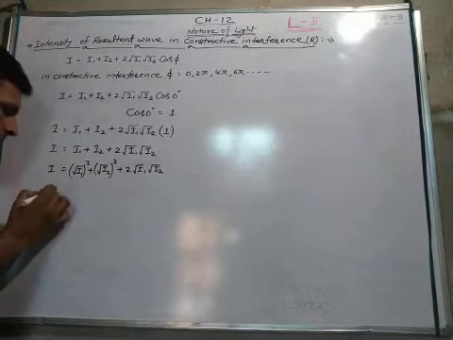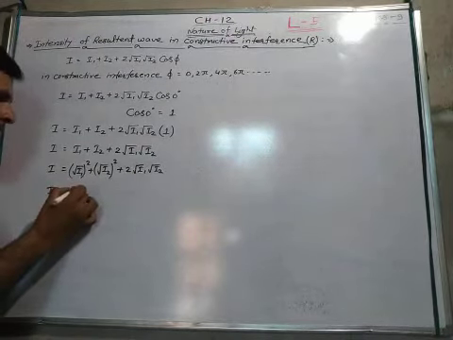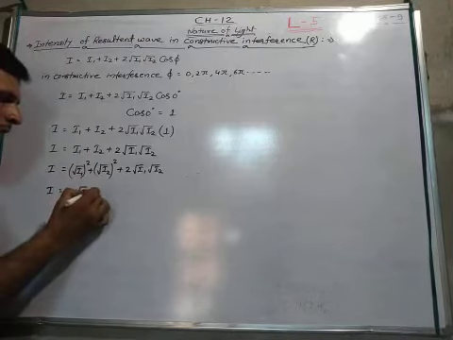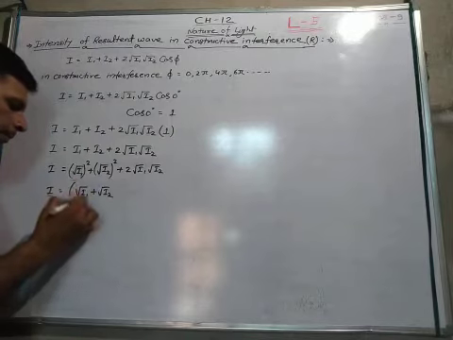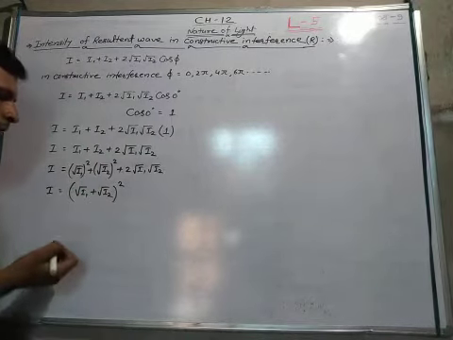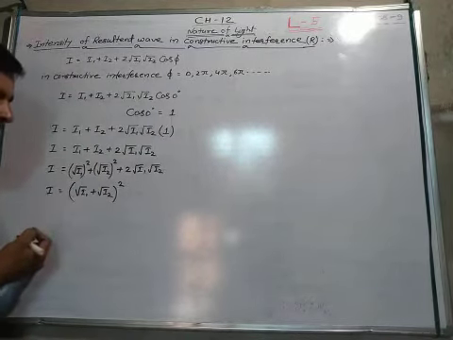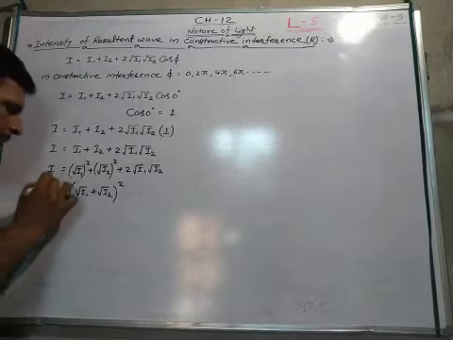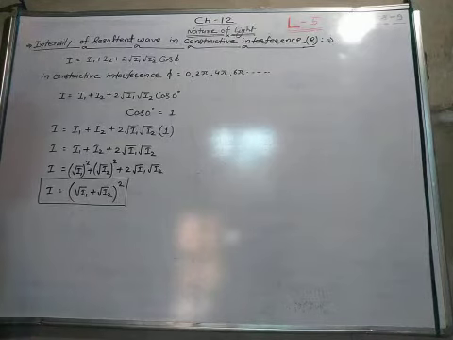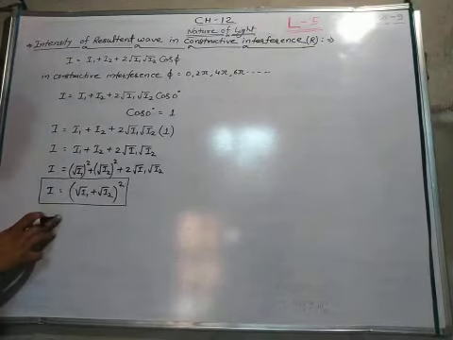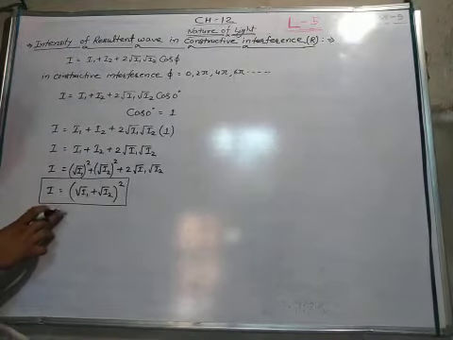So we can write this as the whole square of root I1 plus root I2. This is the intensity of the resultant wave in constructive interference.